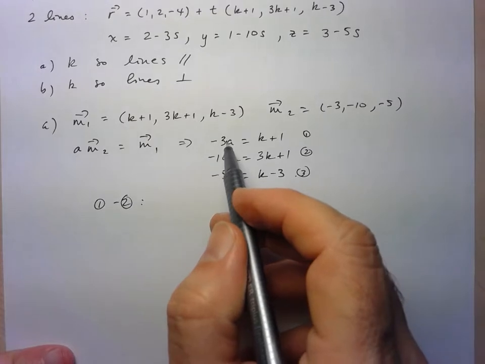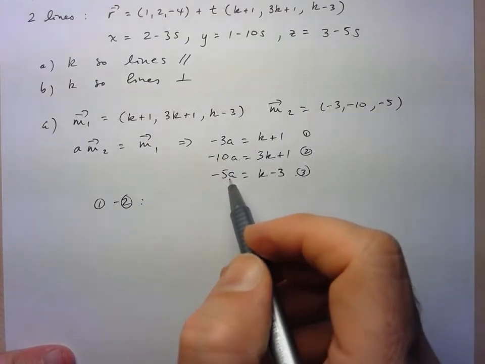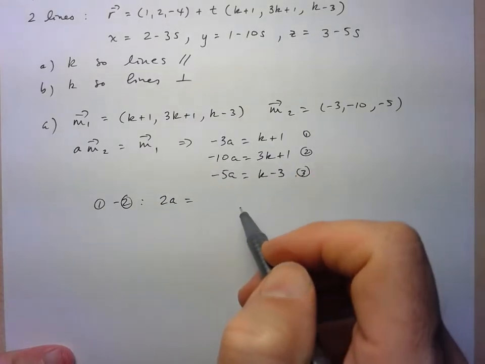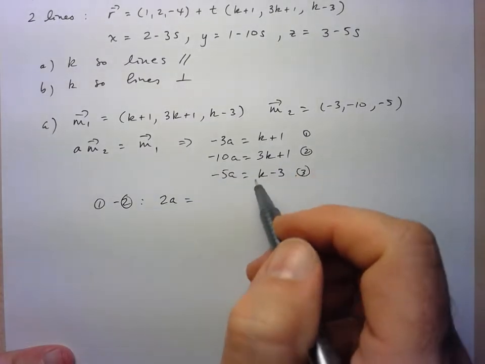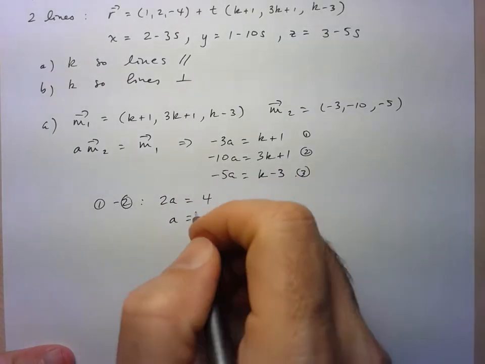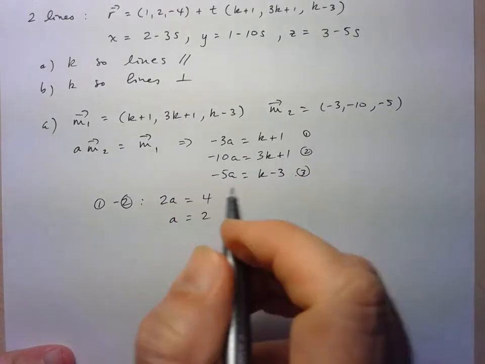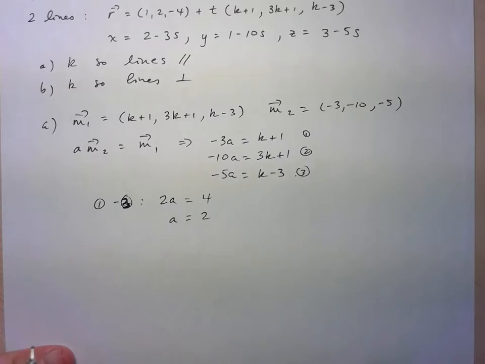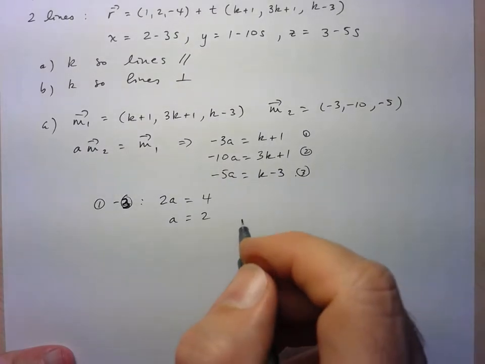We get -3a minus -5a, so -3a plus 5a, that's 2a, is equal to k minus k is 0, and 1 minus -3 is 4. So I get that a has to be equal to 2, and I apologize, here is actually 1 minus 3 that we subtracted. Now let's calculate the k value.